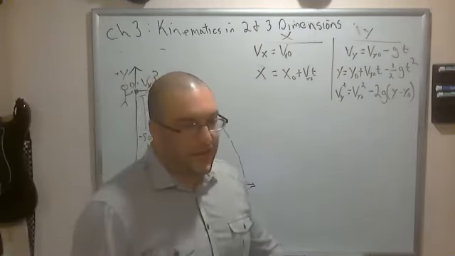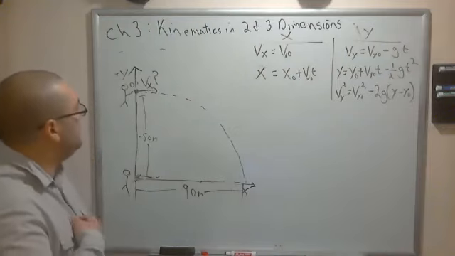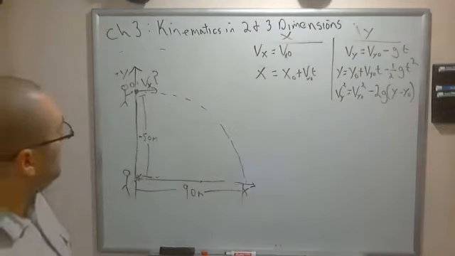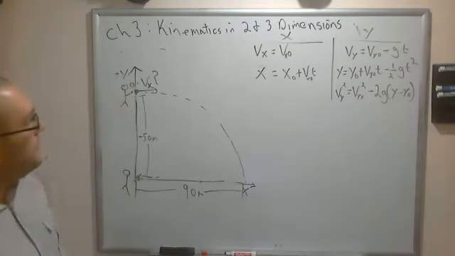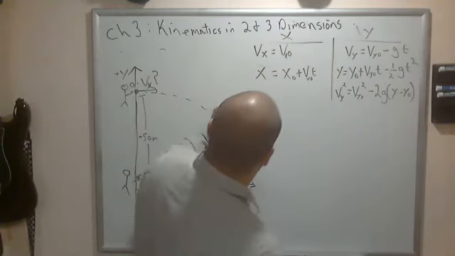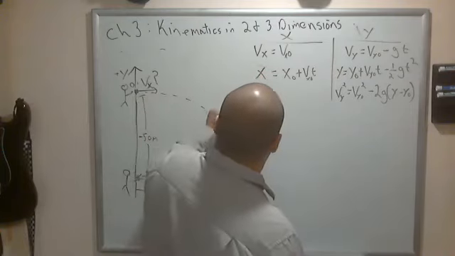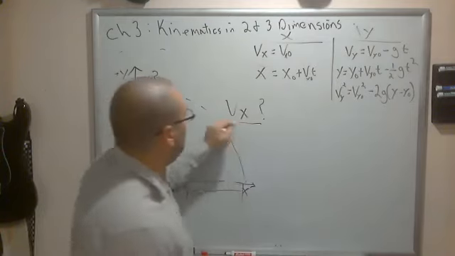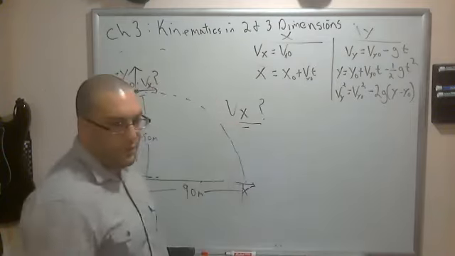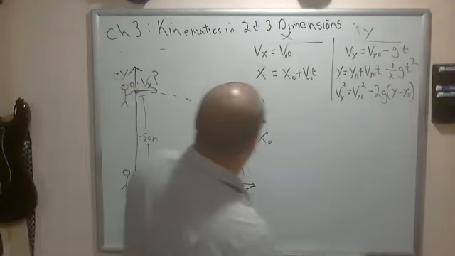now let's look at our equations and see what knowns and unknowns we have, right? So these are our equations. We wrote them down already. What do we know in this problem? Let's start with x. We don't know vx0. That's what we want to calculate, right? This is what we want. We know x0.